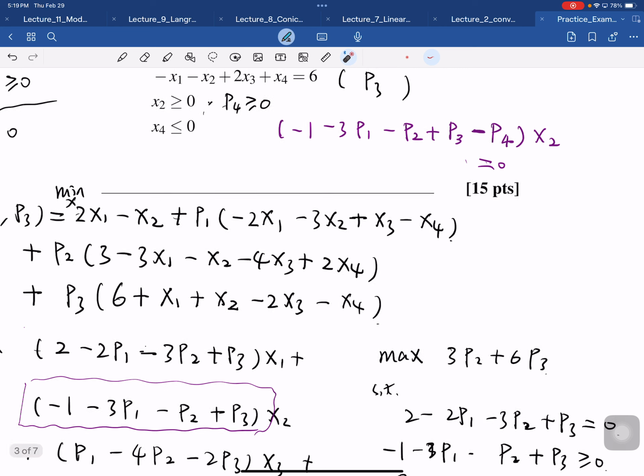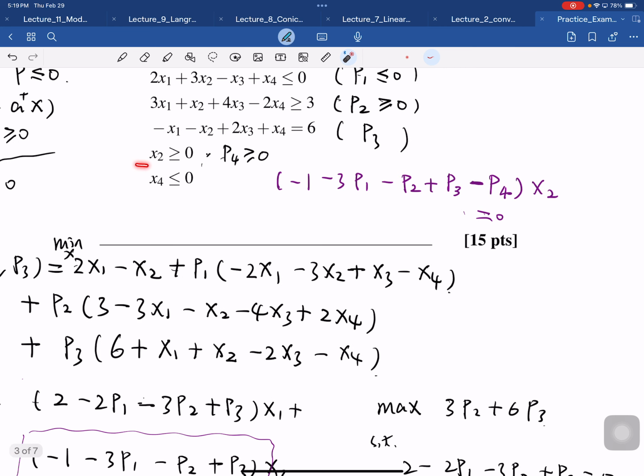Now if you just multiply x2 greater than or equal to 0 by some Lagrangian multiplier P4 greater than or equal to 0, you can do that. There's nothing wrong with that, right? And then you gather all the terms involving x2 here, and the coefficients will change a little bit by adding this term.